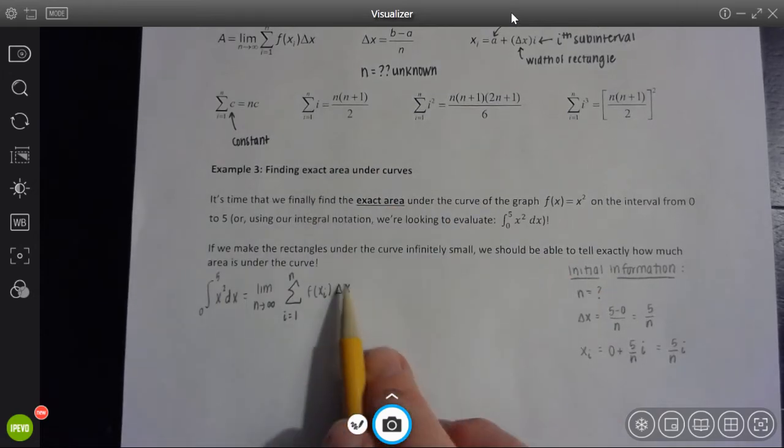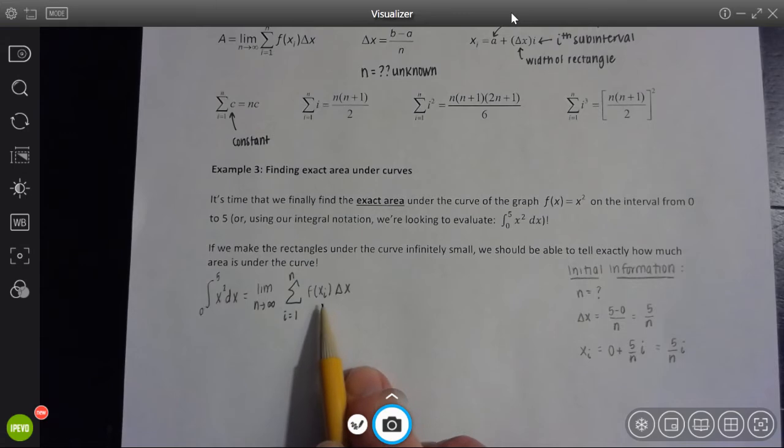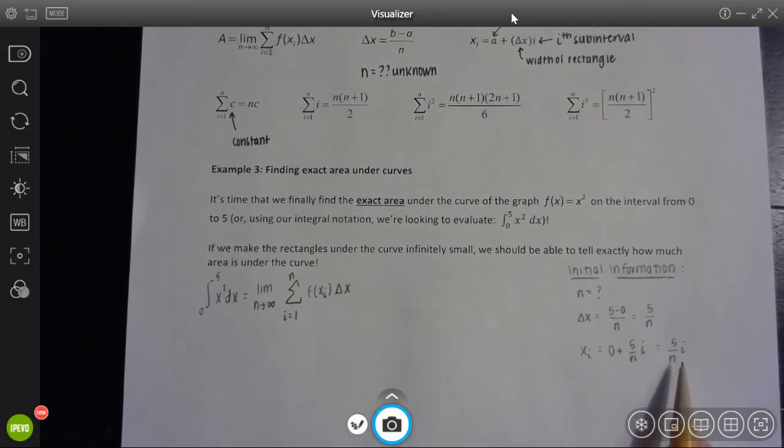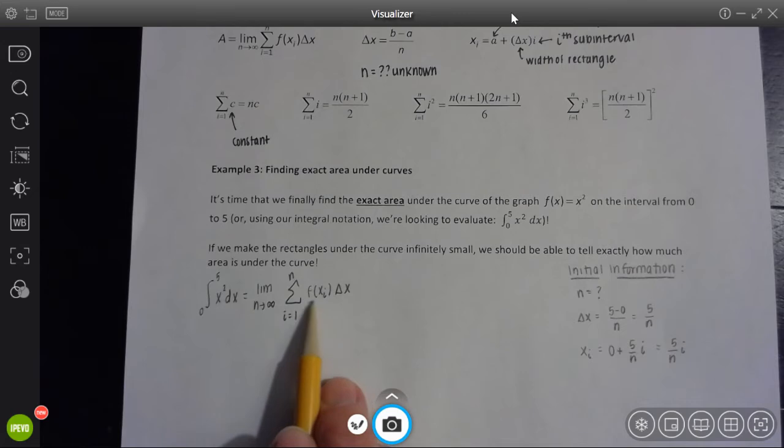So what we know right now is our delta x, and we also know our x sub i, which is 5 over n times i. But what we also need to know in order to plug in for this part of our formula is what is f of x sub i.